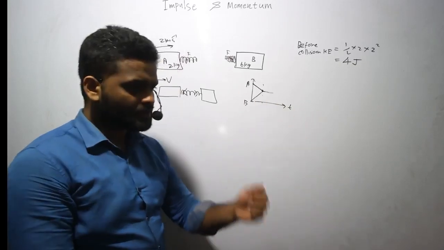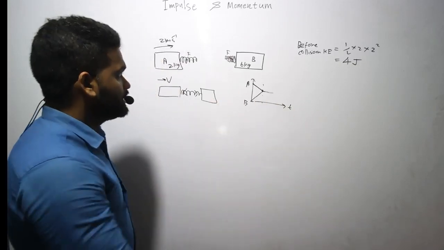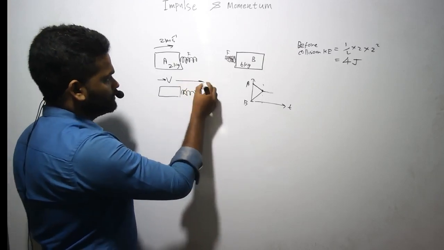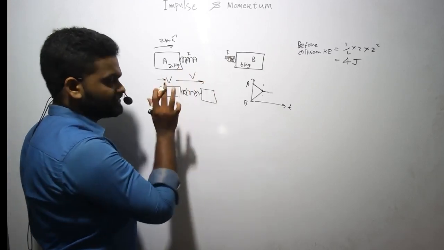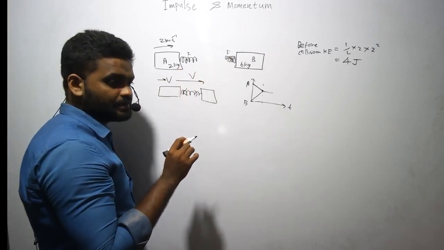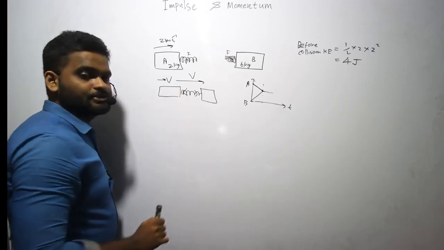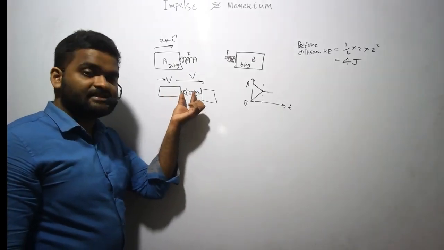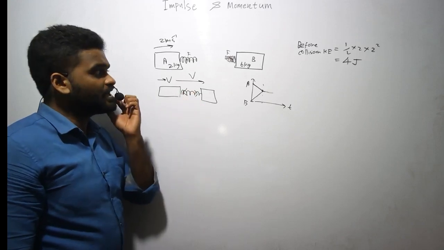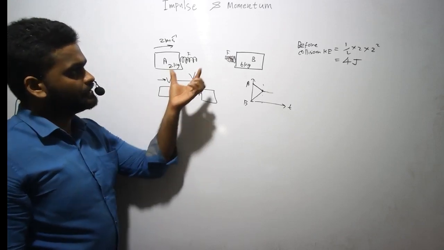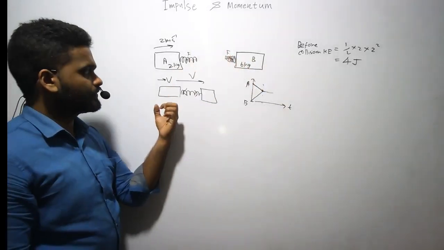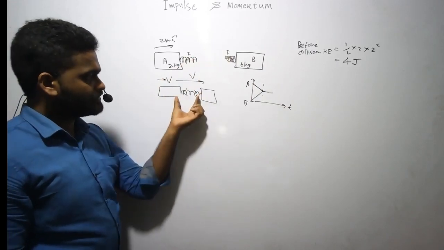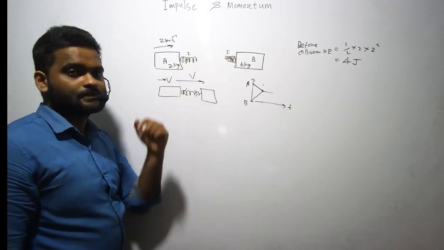Understand? So at that moment, they have a common velocity, and the compression of the springs is maximum. So if you can find the compression at this point, you can find the maximum energy stored in the springs, right?